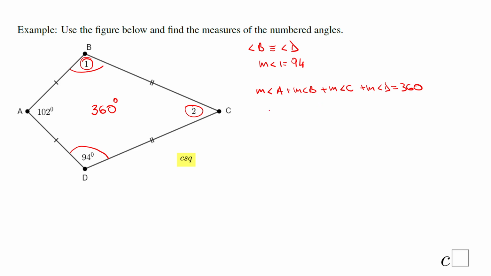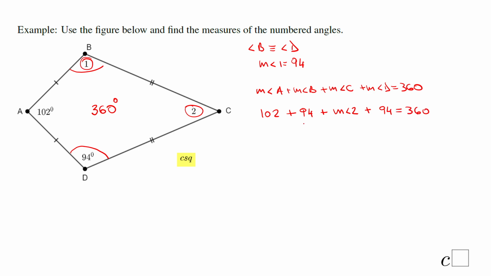We know angle A, it's 102. We know angle B, we just found out that is the same as angle 1, 94 degrees. We need to find angle C, the one that I call angle 2, and angle D is given to us as 94. So that would equal 360.